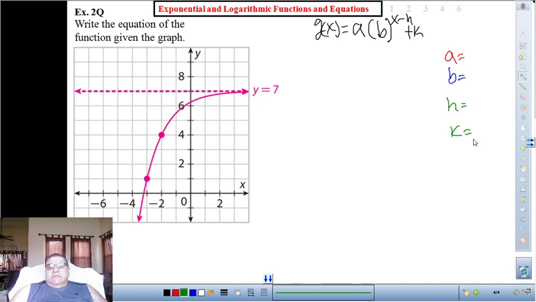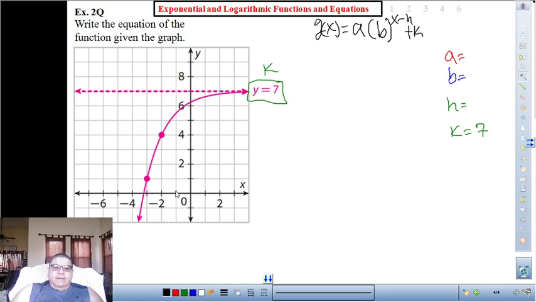So which is the easiest one to find? K, because we know k is the asymptote. Let's look at the asymptote. This dotted line right here, which is 7. This is our k, so that goes right there. Alright, next let's look at the point closest to the asymptote.